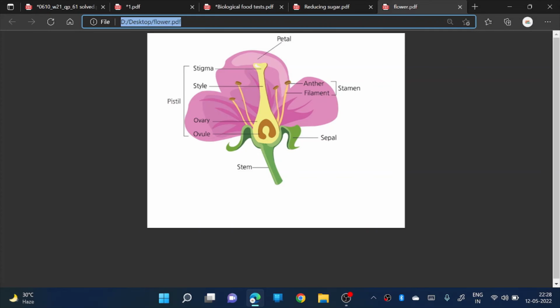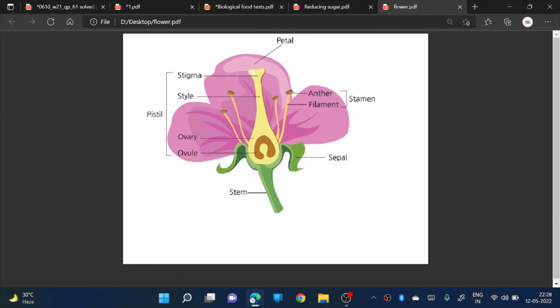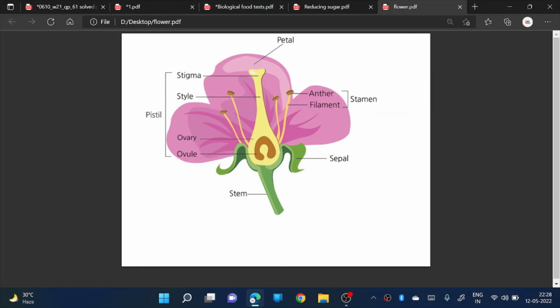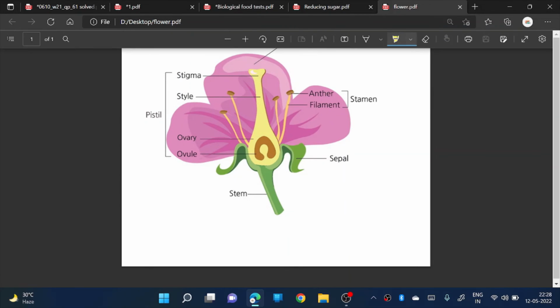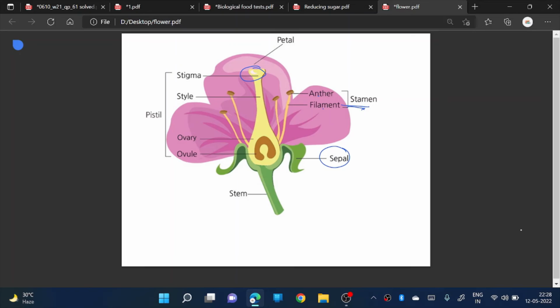I have kept the diagram of a proper flower ready for you all. So you can see that this is the stigma. We are seeing there is this stigma, anther, and the filament, which is called as the stamen or the male reproductive part. The sepal protects the flower in the bud condition. Then we are looking at the stigma, style, and the ovary and the ovule over here, and the stalk.